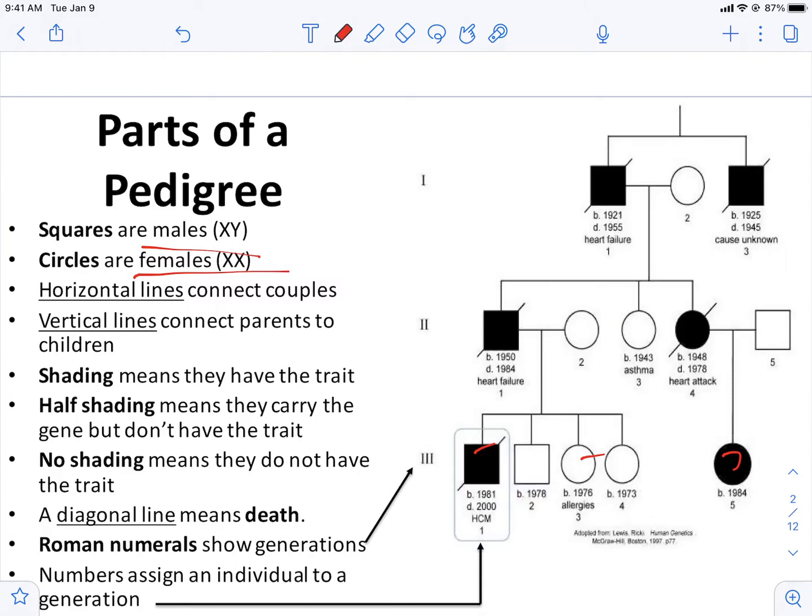If there's a horizontal line connecting a square and a circle, or even a circle and a circle, or a square and a square, that shows that they either have a union or that they are a couple. And, well, either way they're a couple, but if it's a male and a female, and there's a line coming down from that, this shows they're kids.